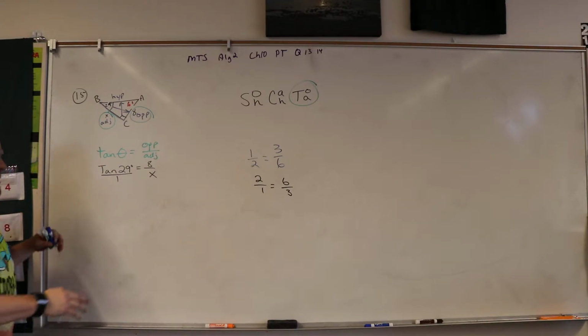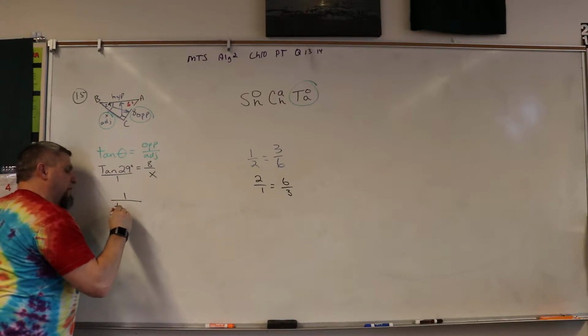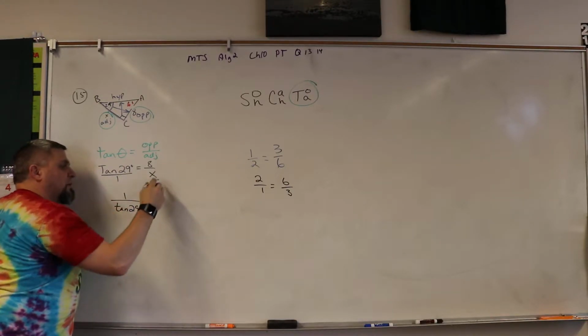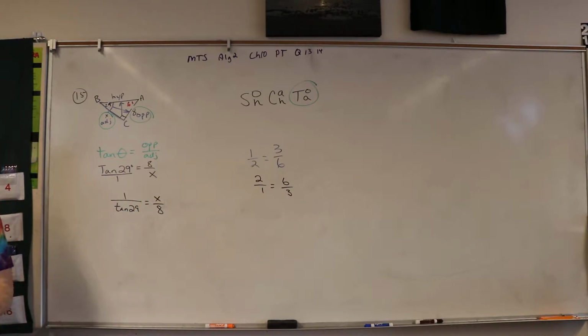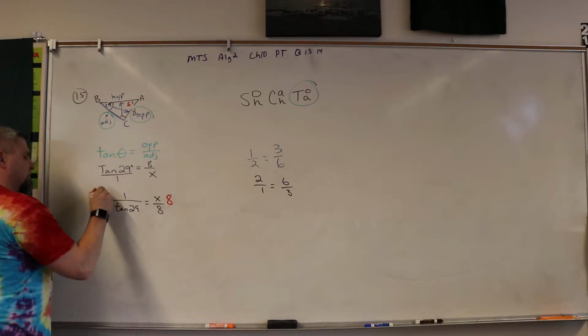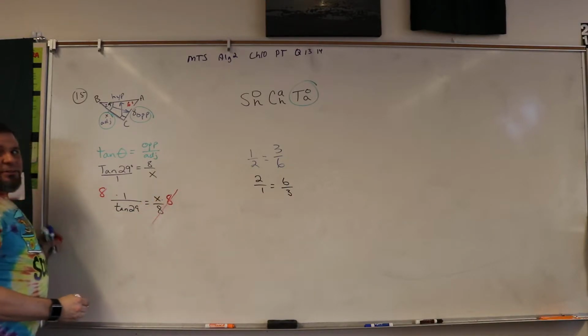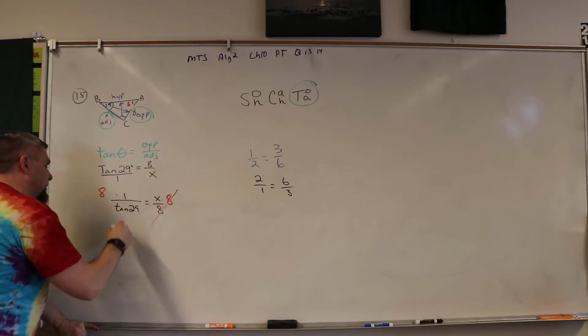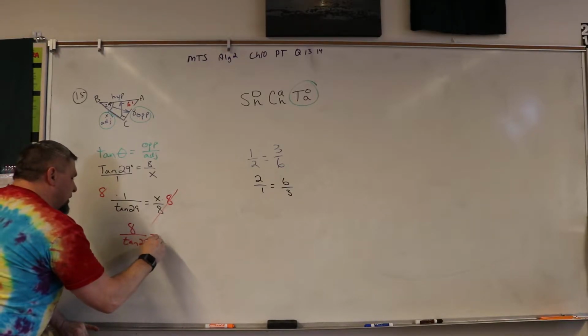So I take this and I flip it. So I have 1 over tangent 29 equals X over 8. Now if I want to get X alone, all I have to do is multiply by 8. So these cancel, and I get 8 times 1 is 8 over tangent 29 equals X.